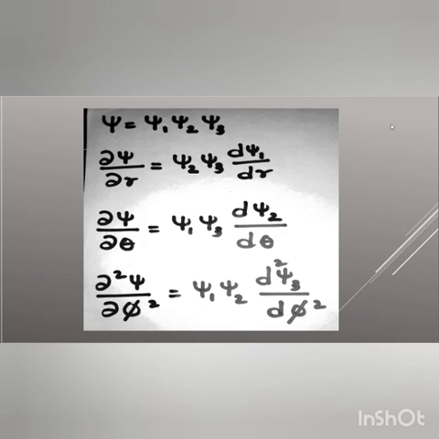Similarly, partial psi by partial theta equals psi 1 psi 3 del psi 2 by del theta, and partial square psi by partial phi square equals psi 1 psi 2 d square psi 3 by d phi square.